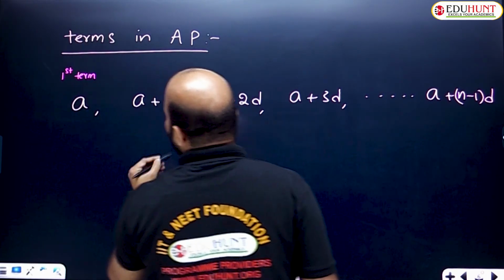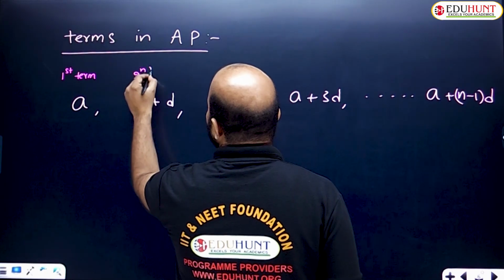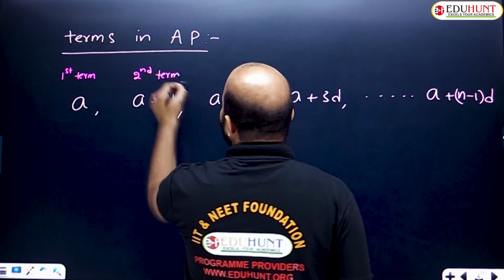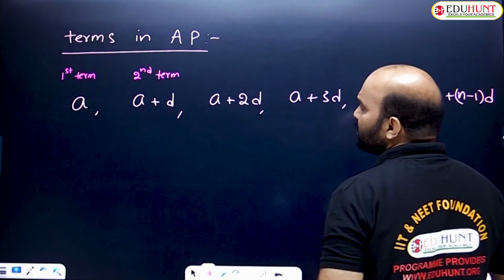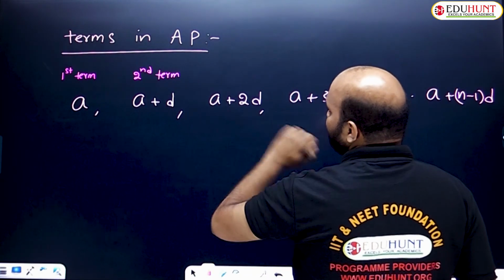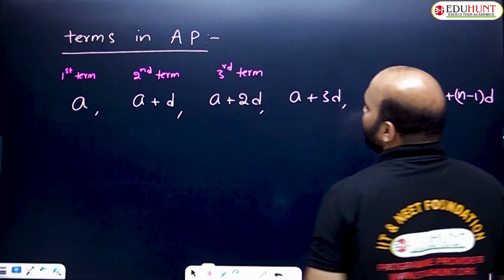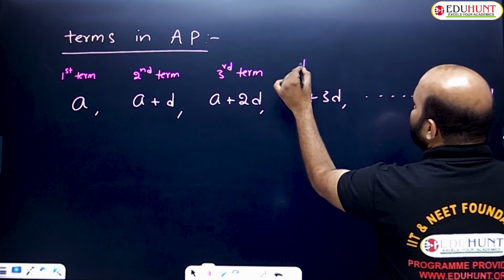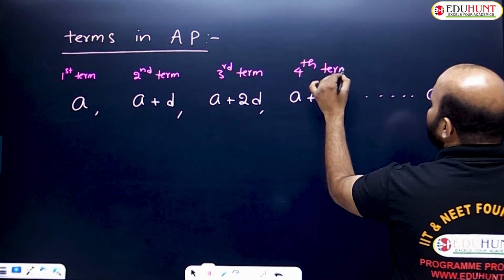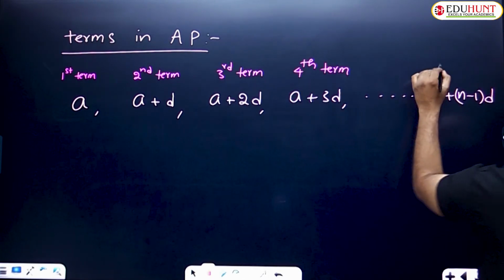So first term A, second term A plus D, because the common difference is added to each next term. Okay, next one, third term is A plus 2D. Fourth term is A plus 3D, and so on.